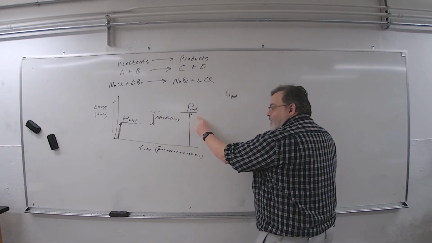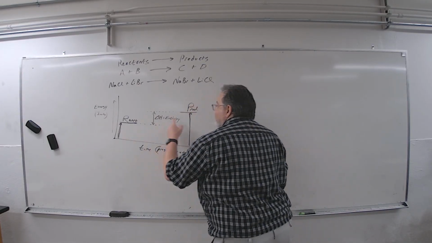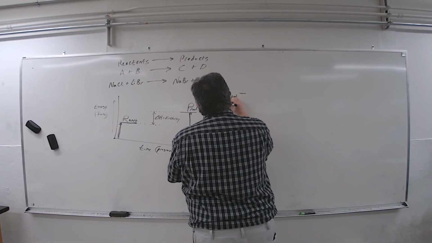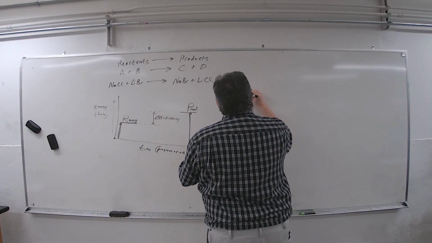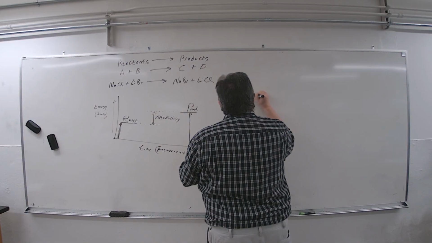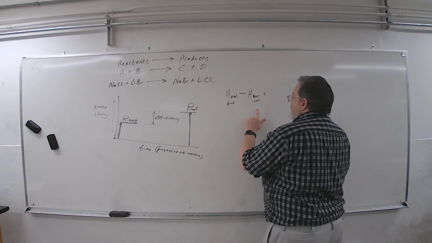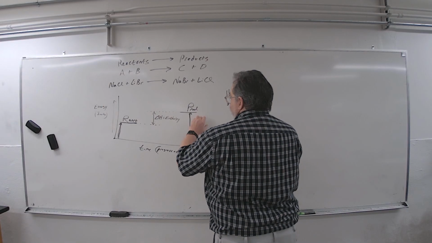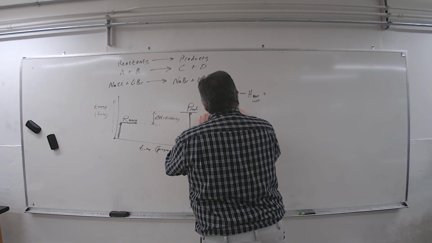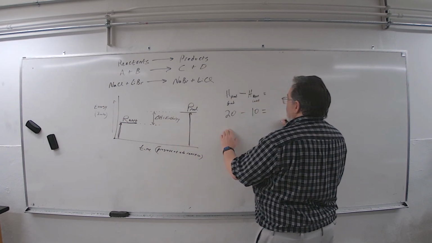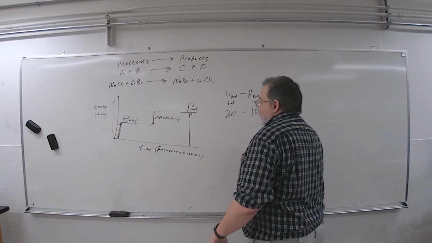You see that that's the final point. This was the beginning point, this is the final point. H final minus H reactants. Just like we did before, final minus initial. If this tall one is 20 joules, and the short one is 10 joules, 20 minus 10 is 10.